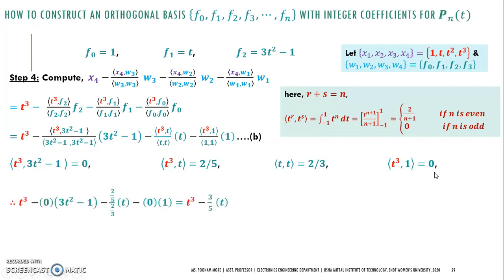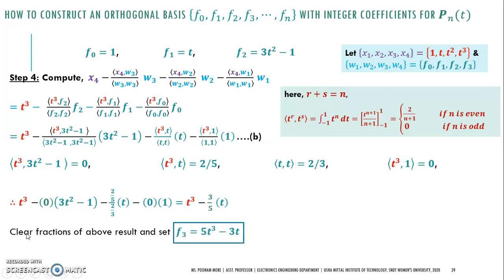So by substituting these values in equation B, we get t cube minus 3 by 5 of t. Over here, by clearing the fraction of the above result, we set f3 equal to 5t cube minus 3t. So therefore, these are the required orthogonal bases. As they have asked us to find only the orthogonal basis, that's why we will stop over here.